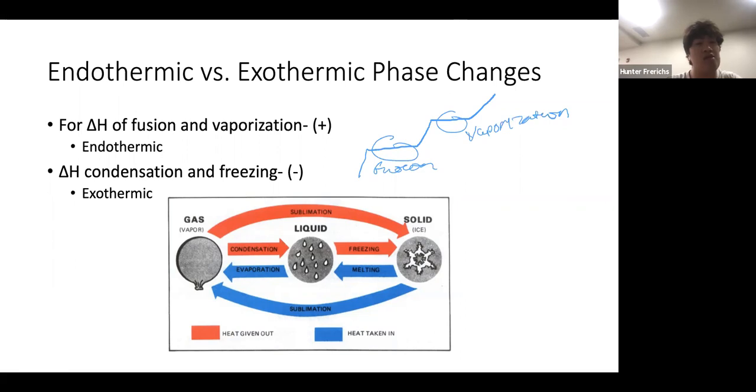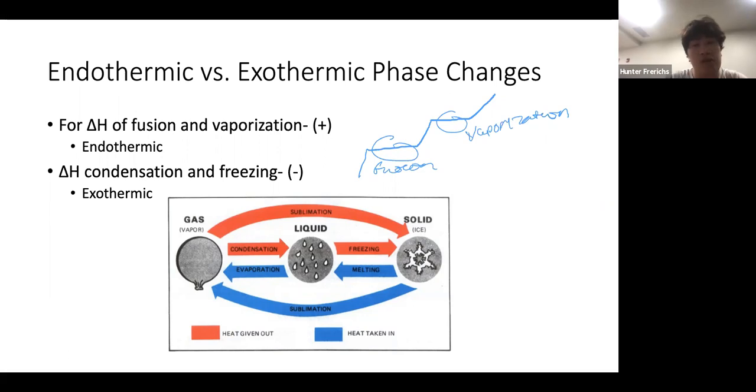And delta H of condensation and freezing is negative because it's exothermic, which means it is releasing energy. Work is being done by the system on the surroundings, and therefore it is releasing heat.